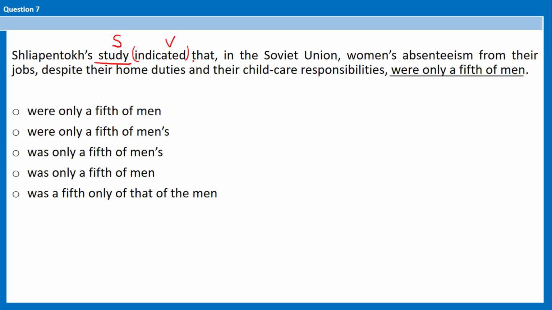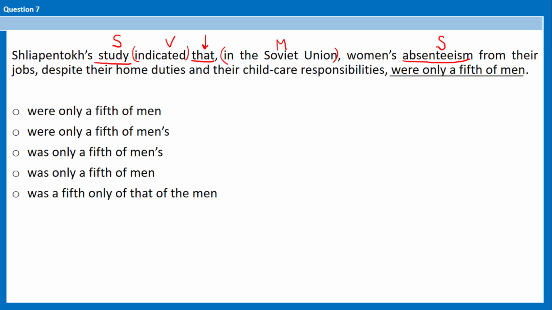And again, if you have a verb plus the word that, okay, the word that will subordinate another subject and verb. Indicated that, get rid of the modifier between commas. And the subject is women's absenteeism.